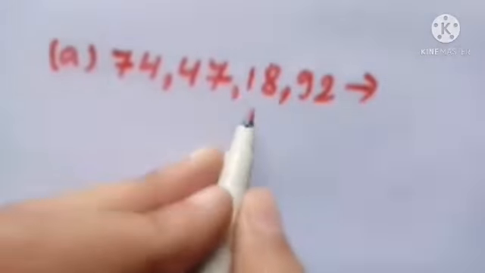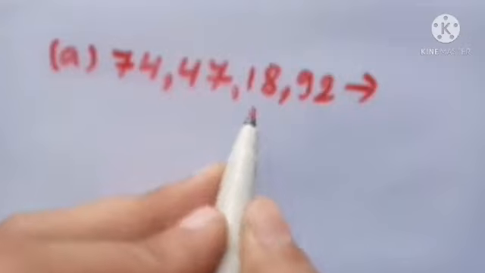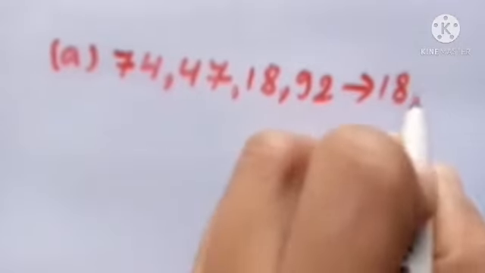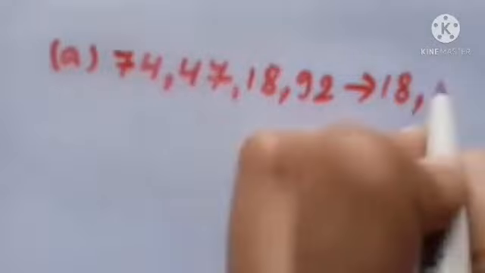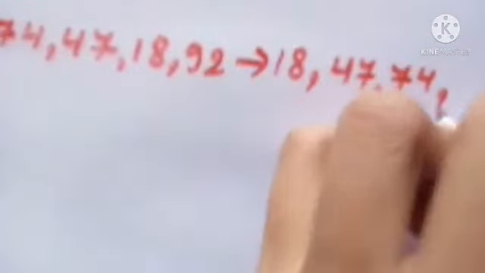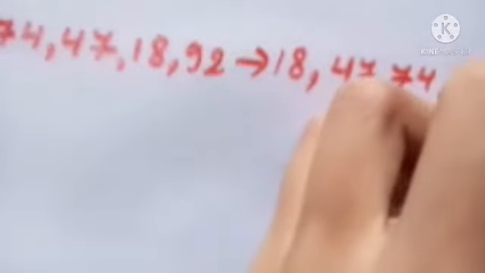First we write the smallest digit. Which is the smallest digit? 18. 18, 47, 74 and 92. Like this you can arrange numbers in ascending order.